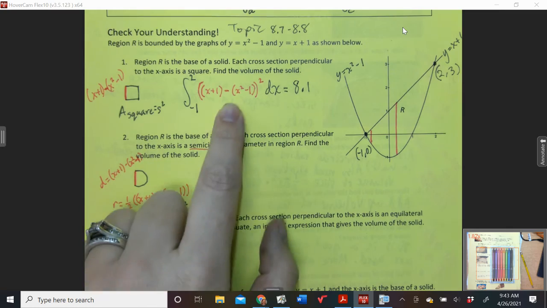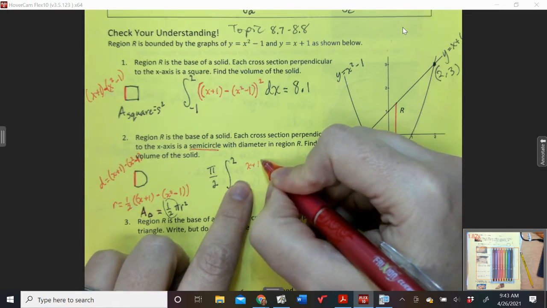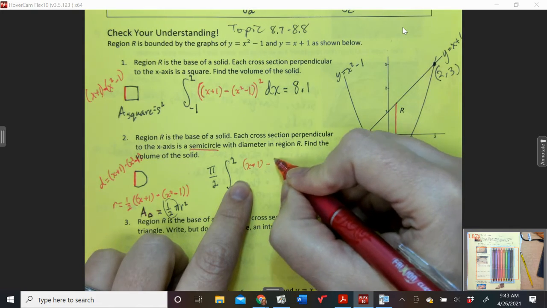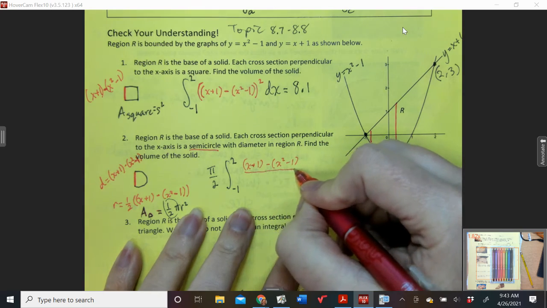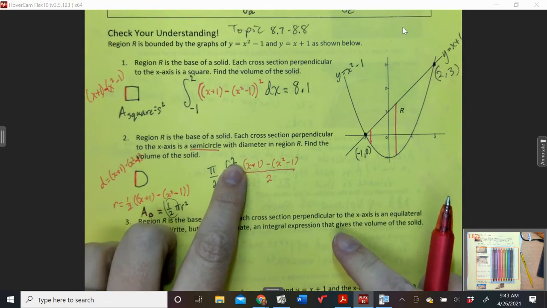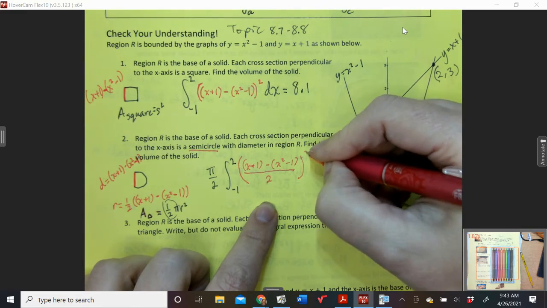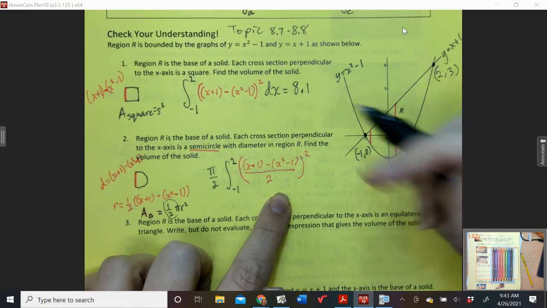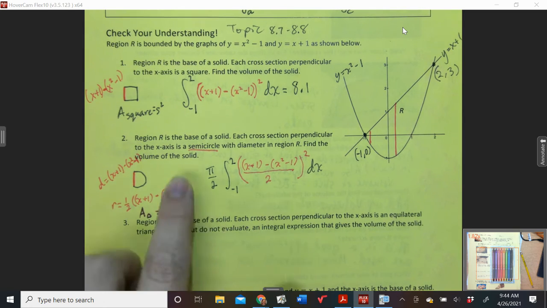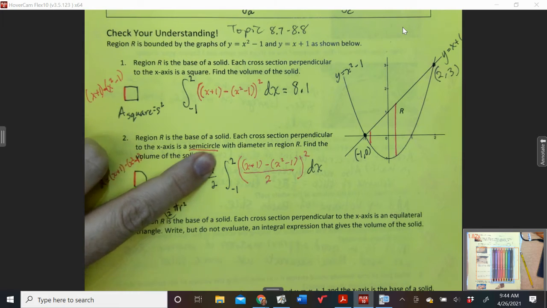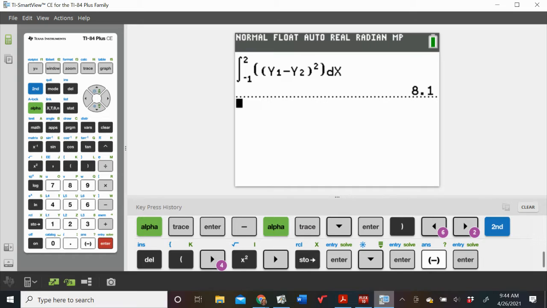Okay. The difference here will be the inside. I will have x plus 1 in parentheses minus x squared minus 1, also in parentheses, all over 2. Now I can either have 1/2 in front or this, doesn't matter. And I'm going to square it, dx. Now I'm going to get a much different number here. Okay, we're going to go ahead and leave pi out when we do this calculation. I'll show you what I mean. Let's go ahead and go back to my calculator.